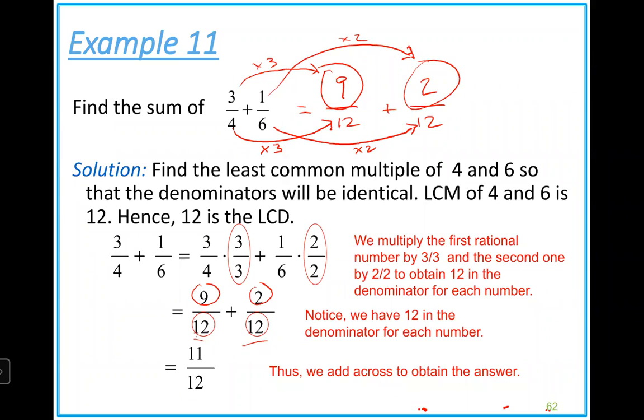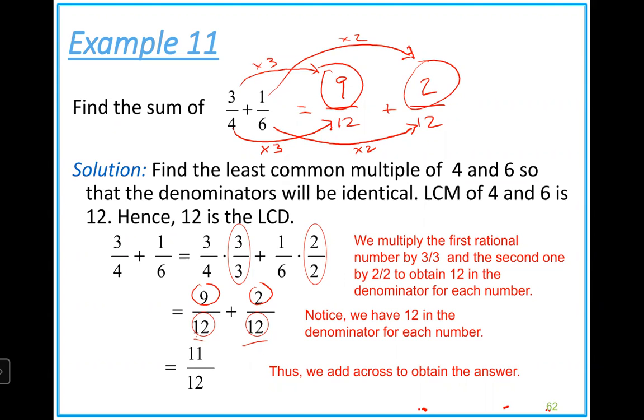So because you changed the denominator from 4 to 12, whatever the factor is that causes you to do that, you have to use that same factor to change the numerator. So you have to multiply the numerator by 3 as well. In the same way, you have to change the other denominator from 6 to 12. So whatever factor you multiply that 6 by to get 12, you have to multiply the numerator by that same factor. So 2 times 6 gives you 12, so 2 times 1 gives you 2.